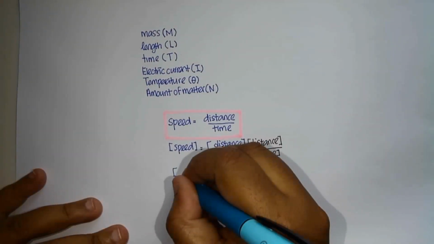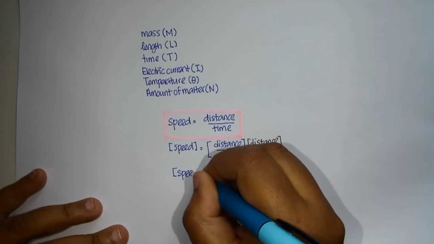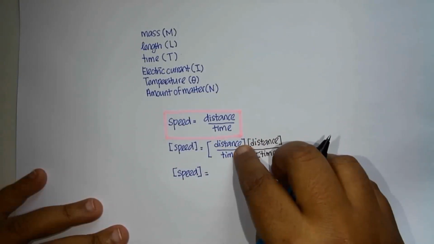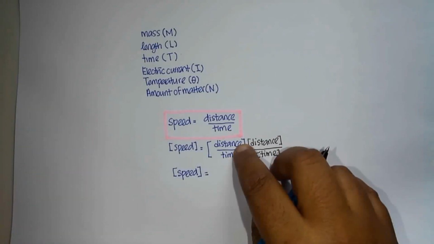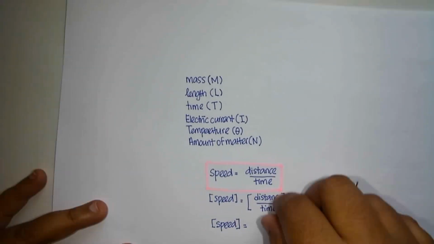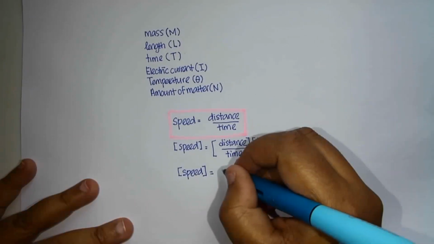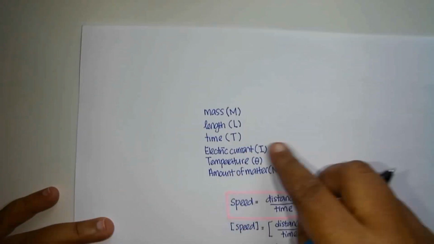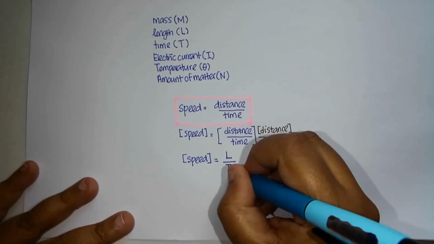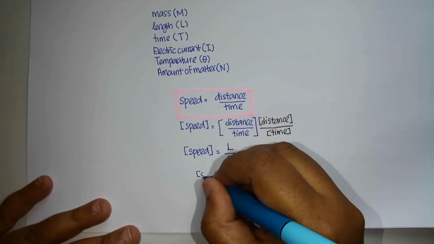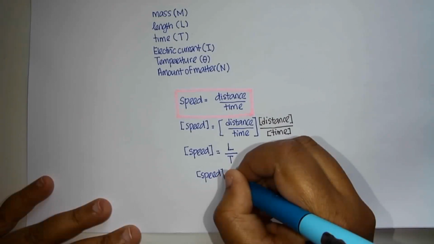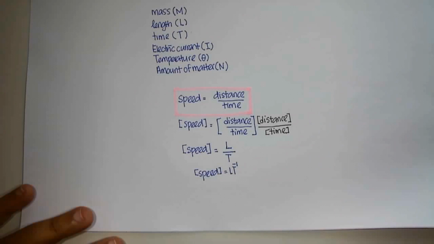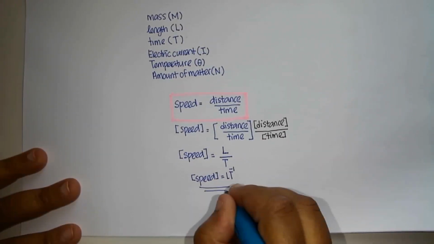So next, you do speed with the bracket, and then the distance is a quantity that is from length, so we put L. Time is T, so we put T. So the dimension for speed is L T negative 1. So this is how to find dimension.